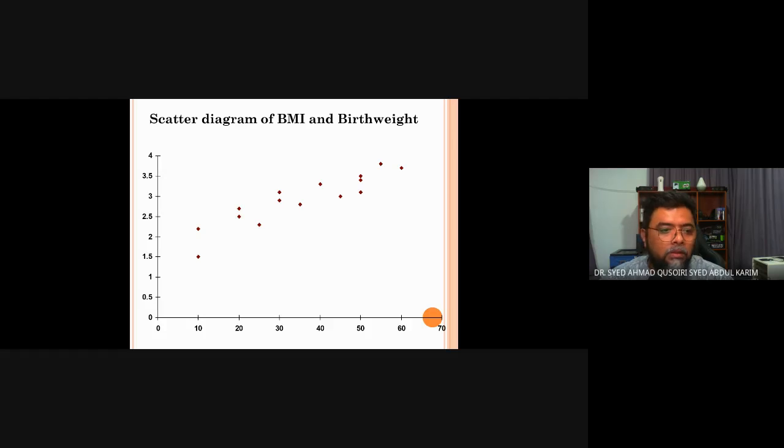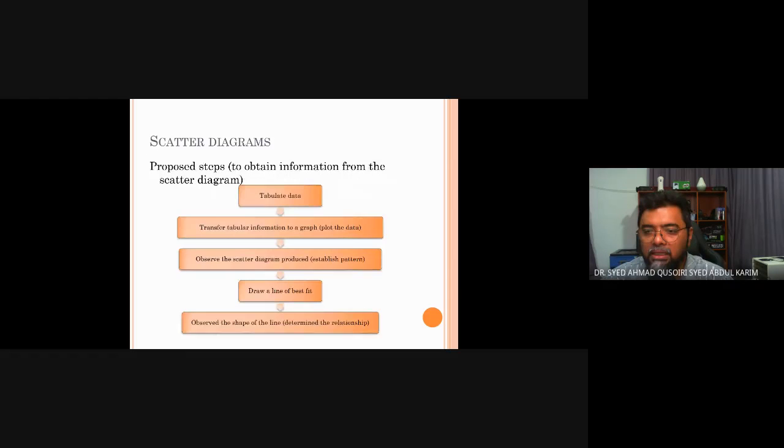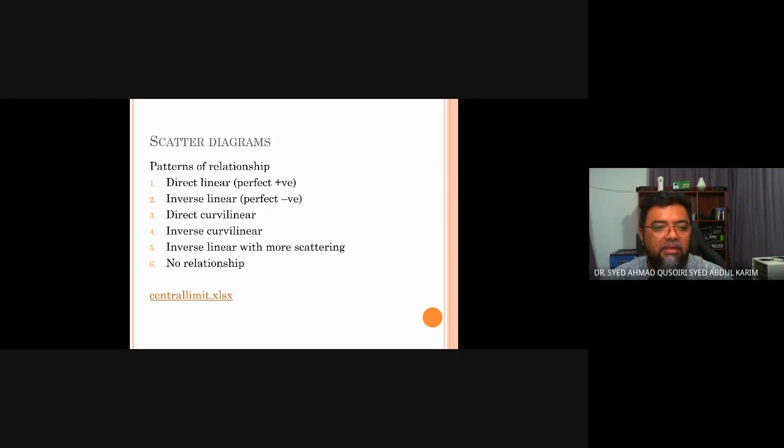Okay, so as y increases in value, x will decrease in value. So that is the inverse linear or the negative linear relationship.